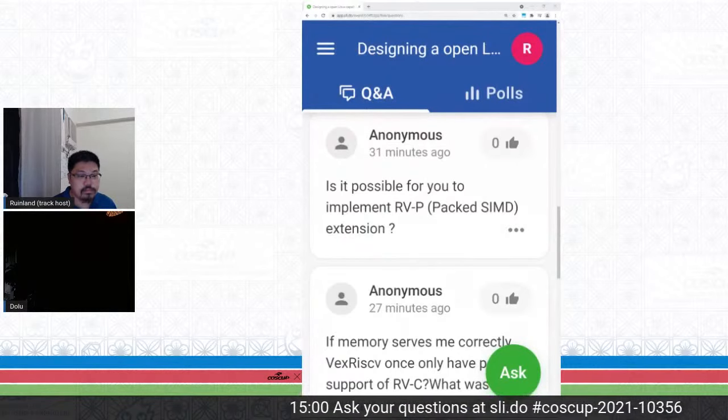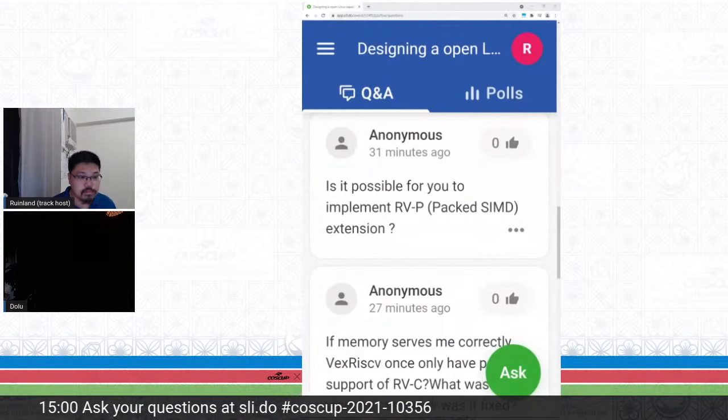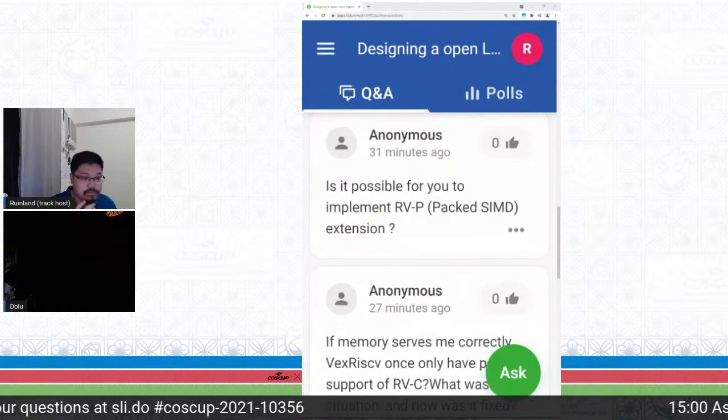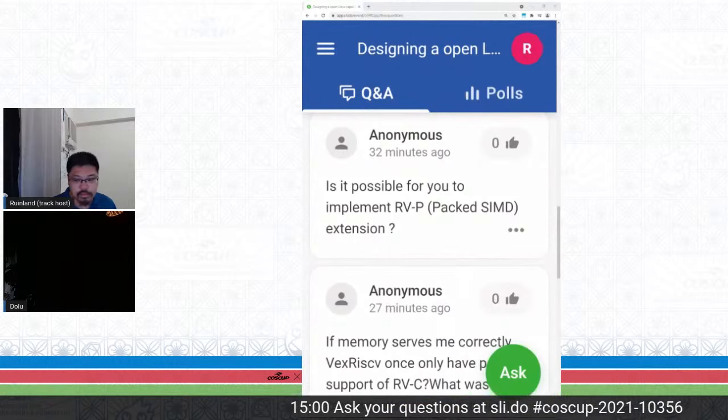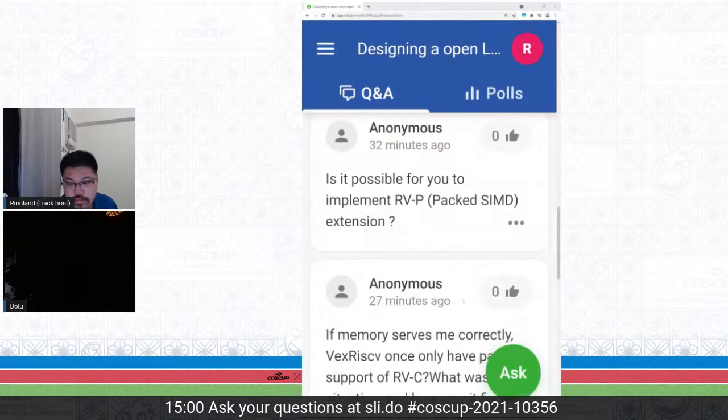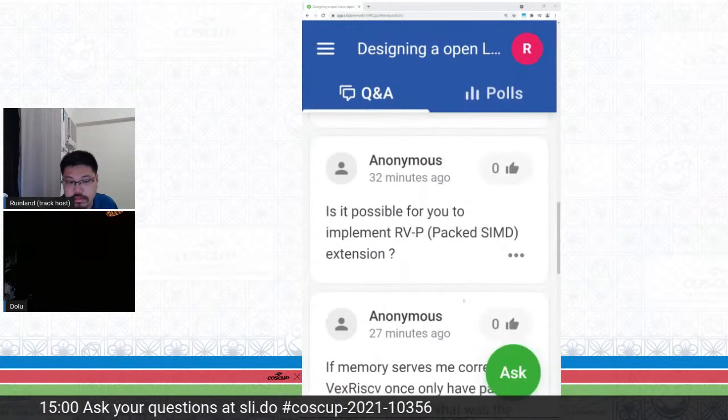Maybe we'll have issues with 3-operand instructions. We will need to extend the RISC-V decoding to support 3-operand instructions. But I think somebody already made this kind of change somewhere in a VexRiscv branch. So mostly it will require some work, but it is feasible.